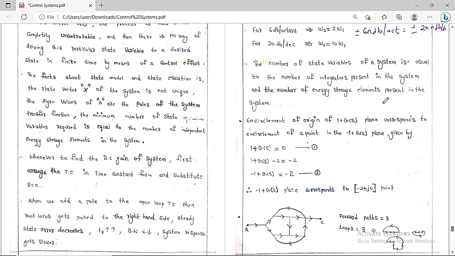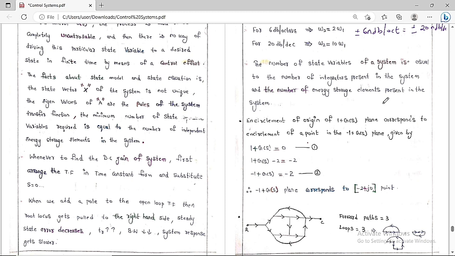This you always have to keep in your mind. So finally, I can say that the order of the system is always equal to the number of state variables present in the system, or the number of integrators present in the system, or the number of energy storage elements present in the system.